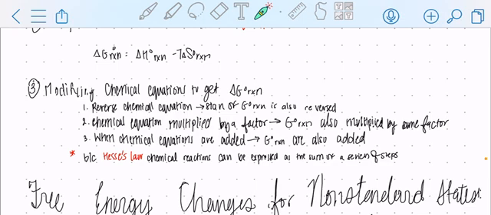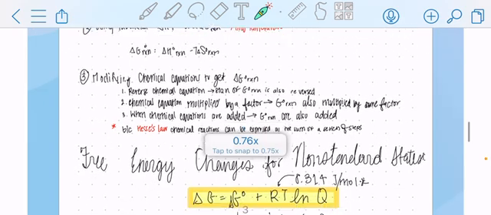When you reverse a chemical reaction, meaning you switch products and reactants, the sign of G standard reaction is also reversed, meaning it becomes positive to negative or negative to positive. If a chemical equation is multiplied by a factor, then the value of G is also multiplied by the same factor. And when the chemical equations are added, the G values are also added. And that's how you do that.